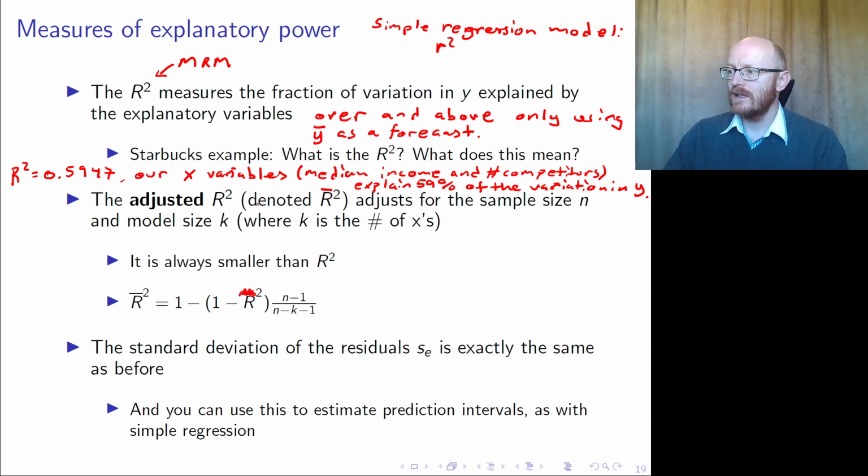It is adjusted for the sample size n and model size k. If you have a lot of x variables, then you have a more complex model. And if you have a lot of observations n, you are more and more certain about your model.